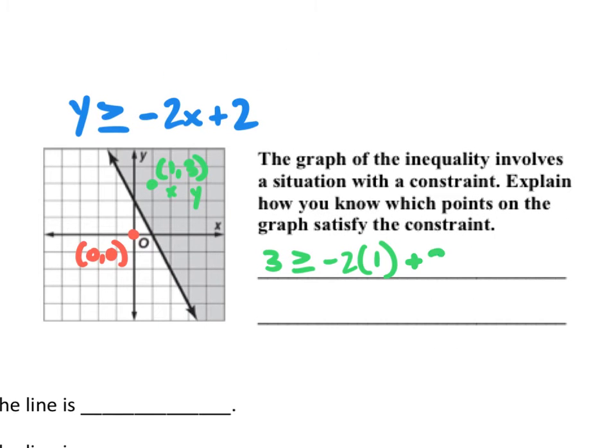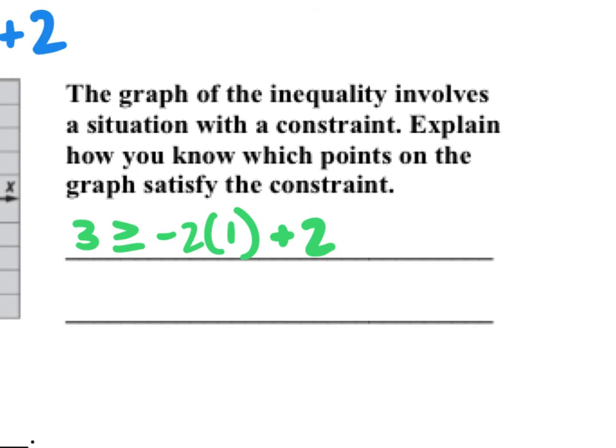So for this first one, I'm plugging in 1 for x and 3 for y. That was just a random point I picked out of the shaded region. We get that 3 is greater than or equal to, and so to sort that out, it would be negative 2 plus 2, 0. We get a true solution. 3 is greater than or equal to 0.